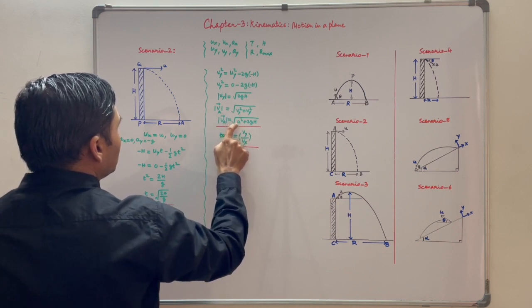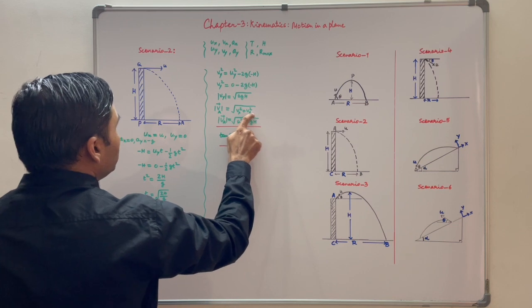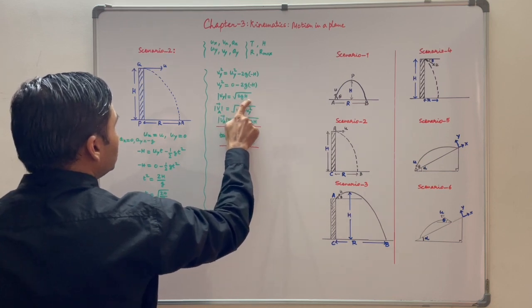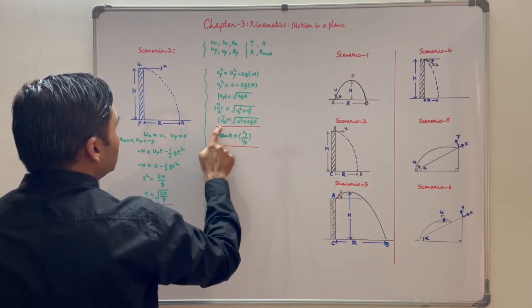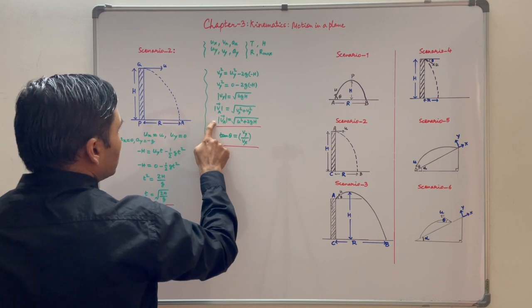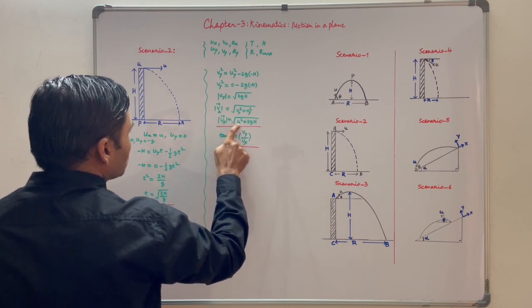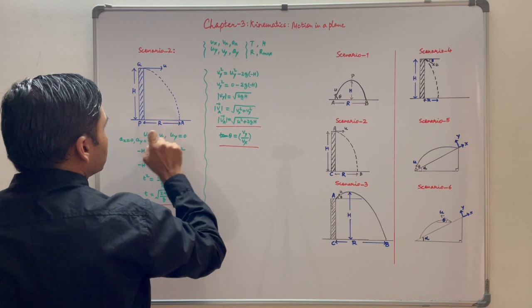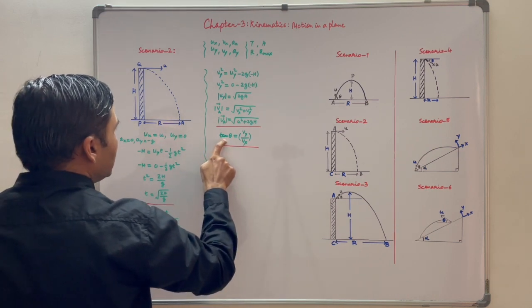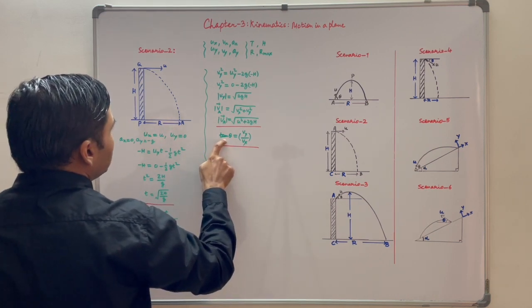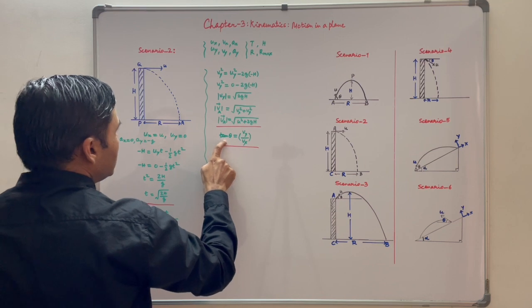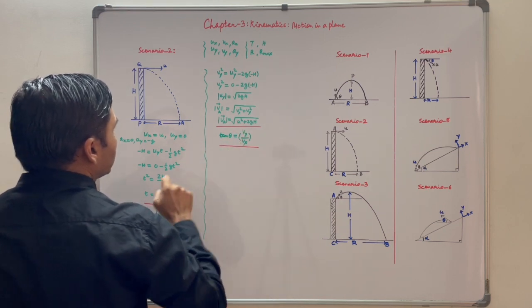So Vx equal to u and Vy we have figured out is under root 2gh. So Vy square is 2gh. So magnitude of velocity will be equal to under root u square plus 2gh when it hits the ground. And its direction, let's say it makes an angle theta with the horizontal. So tan theta is equal to Vy upon Vx.